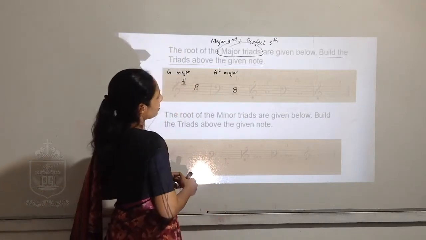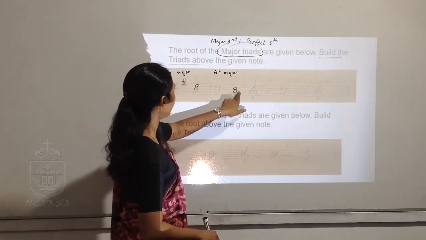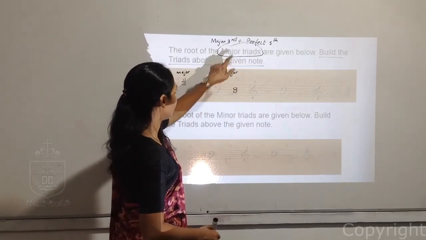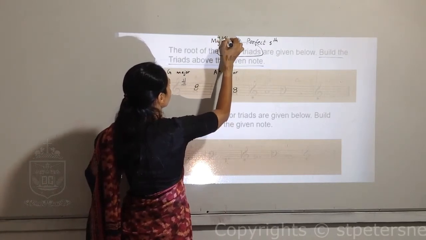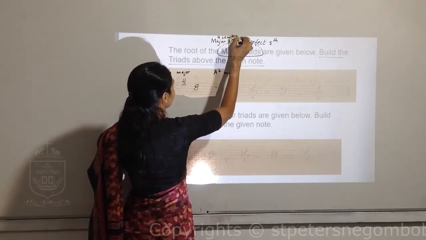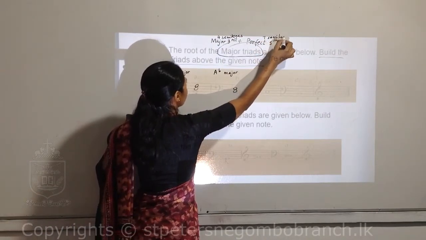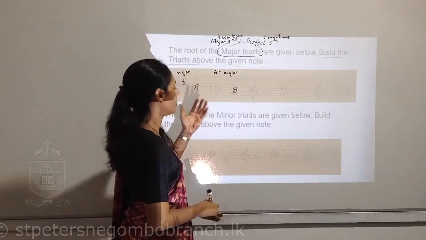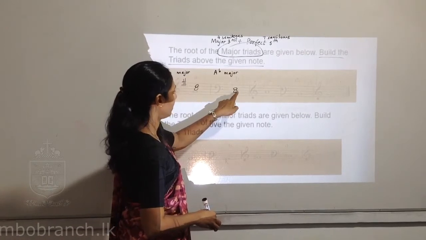Now we'll check the semitones also. A flat to A. Major third, 4 semitones. A flat to A sharp, B, C. Correct.